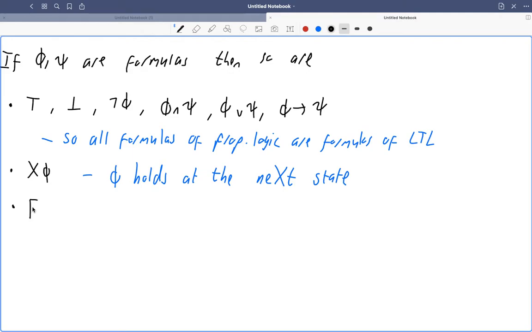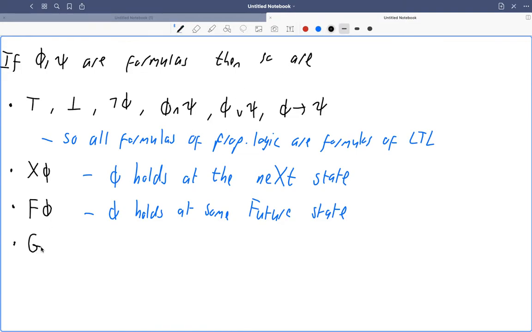We have F phi, which we already saw in the formula I wrote above for the liveness property. This says phi holds at some future state, F for future, so it's a sort of existential quantification over future states.